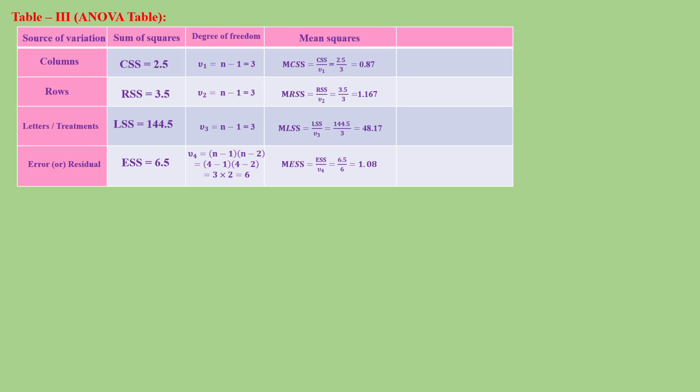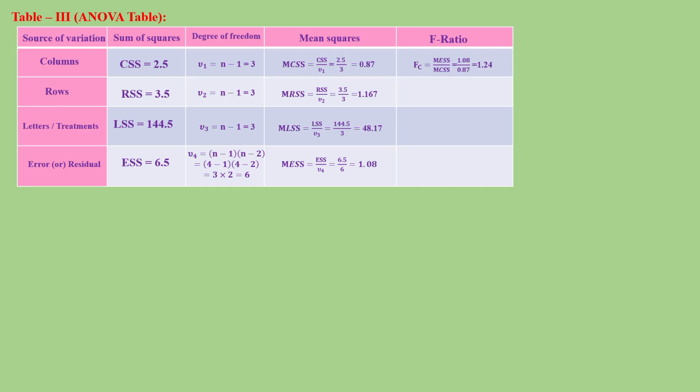Then F ratio. So taking column sum of square and error, right? First ratio. Second ratio, row sum of square and error, right? And third ratio, letter sum of square and error. You have to compare with the error only in the ratio, right? First column FC.